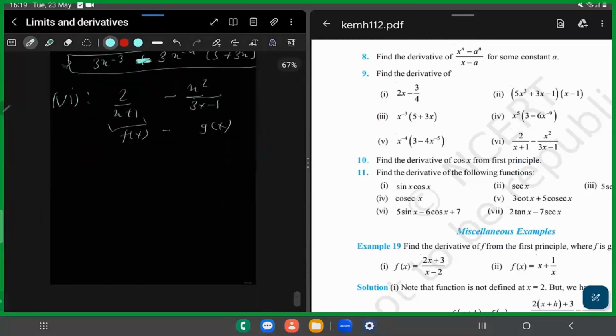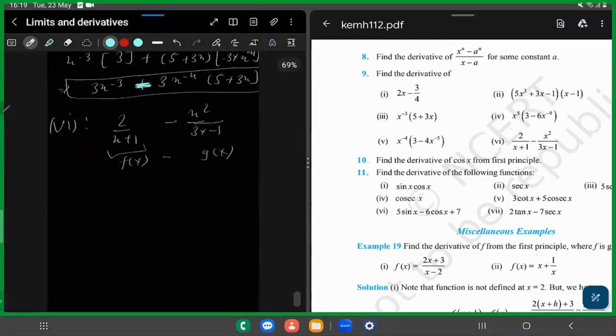We can do it by simply differentiating both functions one by one and then combining the final result. So this is 2 times (x plus 1) to the power minus 1 minus x square by 3x minus 1.